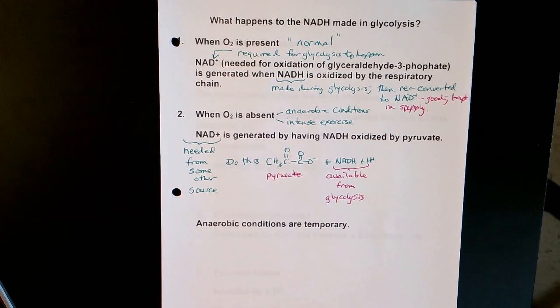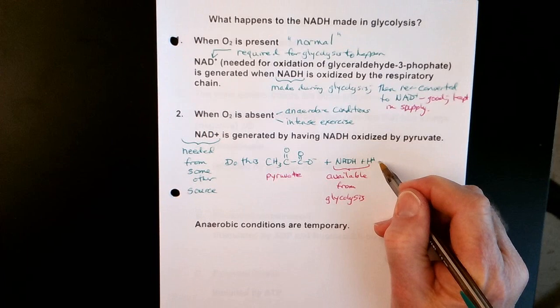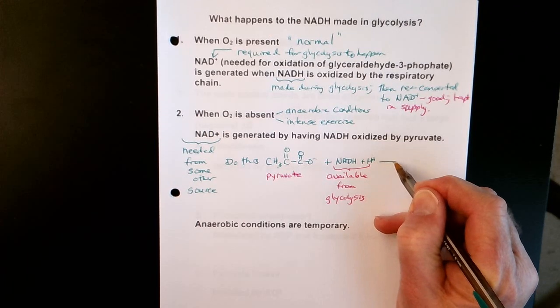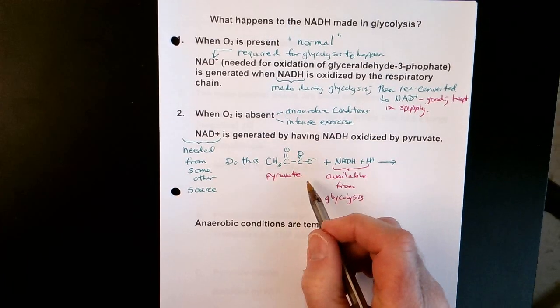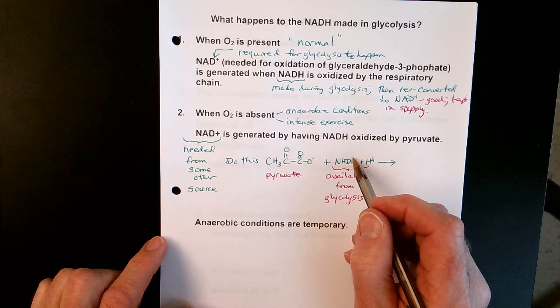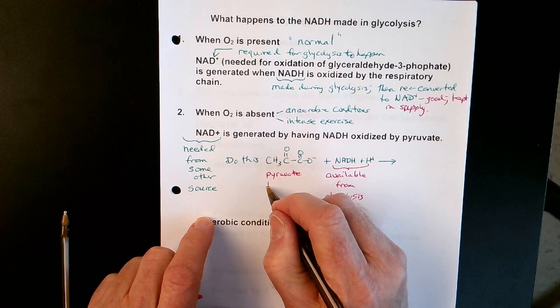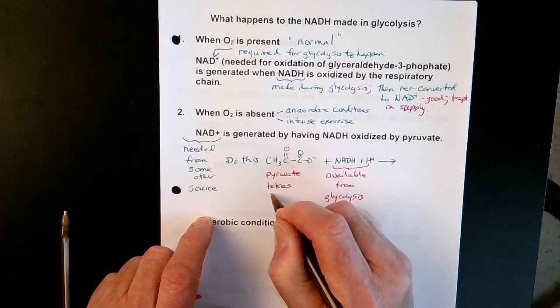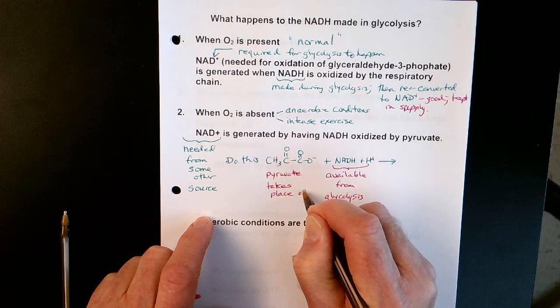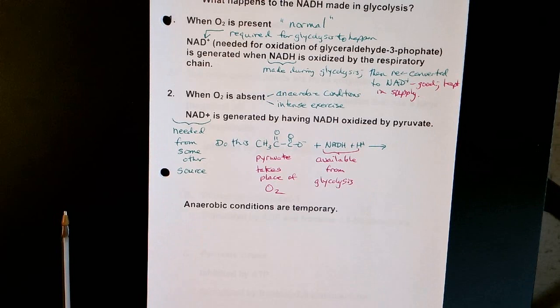All right, so they sent you out, Peyton, and made you run until it hurt, and this is the stage you're at. There's not enough oxygen to regenerate NAD+, so what happens is pyruvate is now taking the place of oxygen. It's going to serve as the oxidizer.